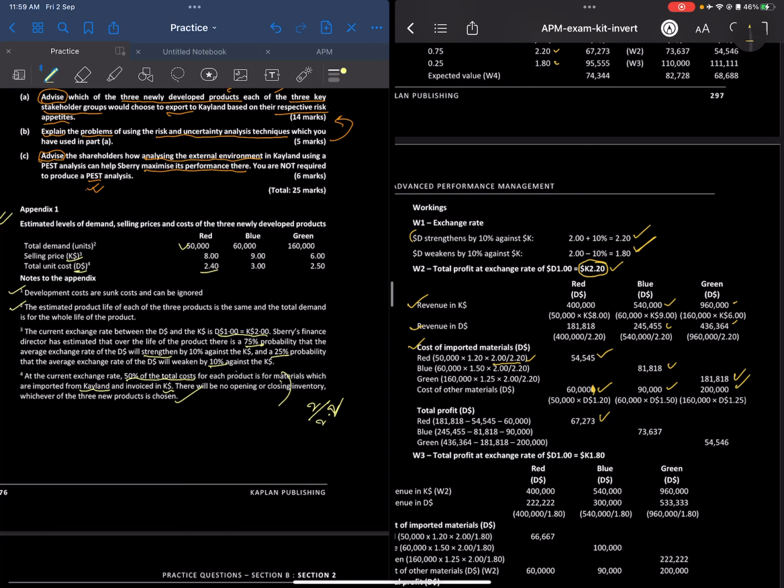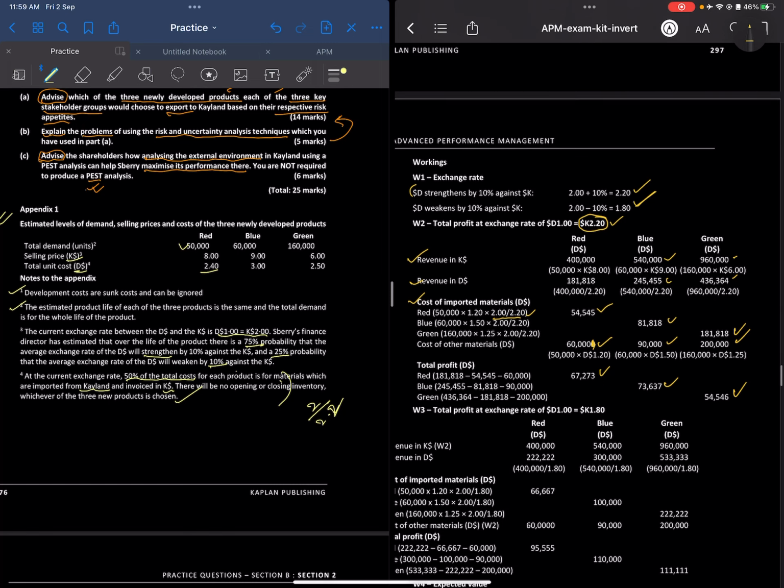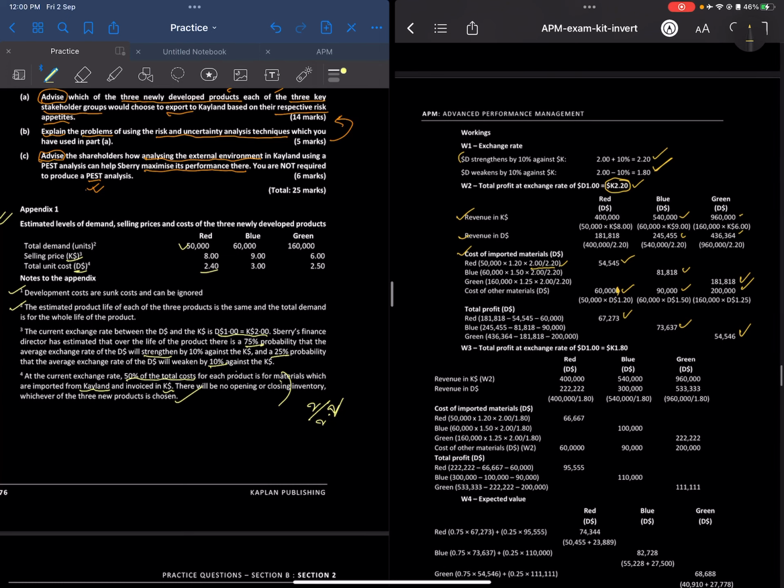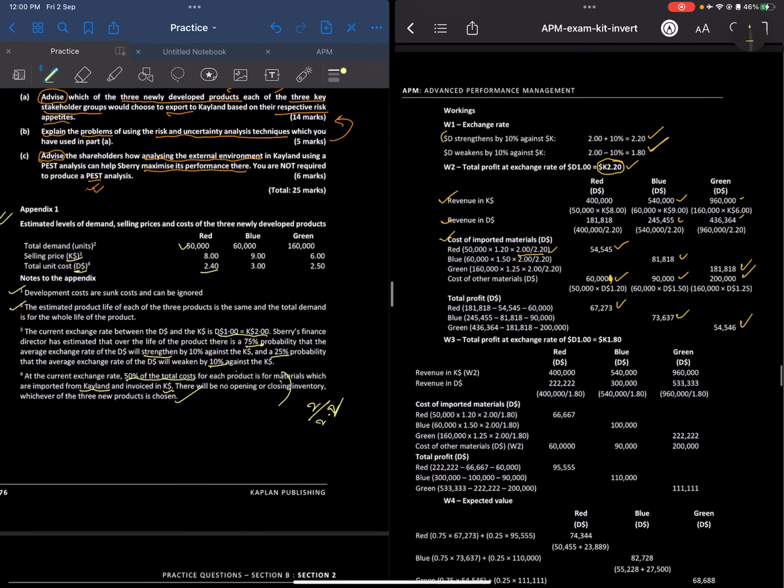Similarly for green, it's the same thing, and then we get all these different profits for the different situations. And for $1.8, you could have done it side by side, red and then just use the exchange rate over here, 2.2 and 1.8, and that could be done that way as well.